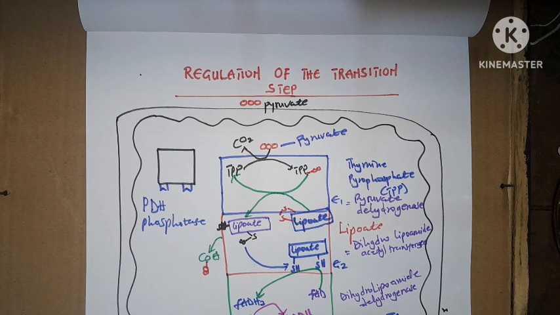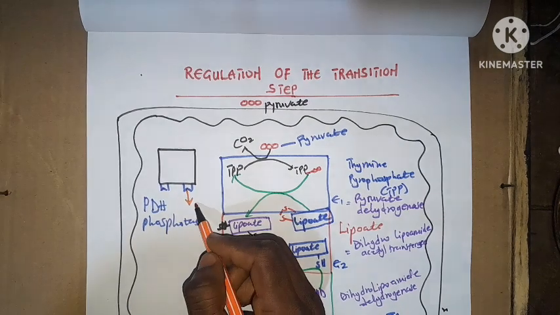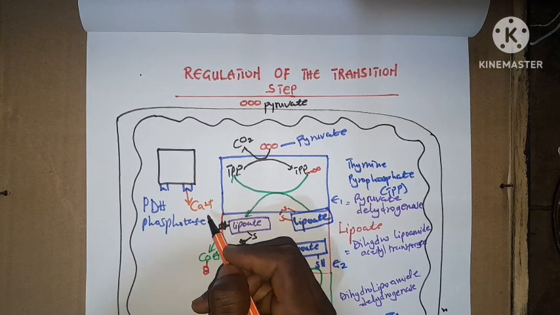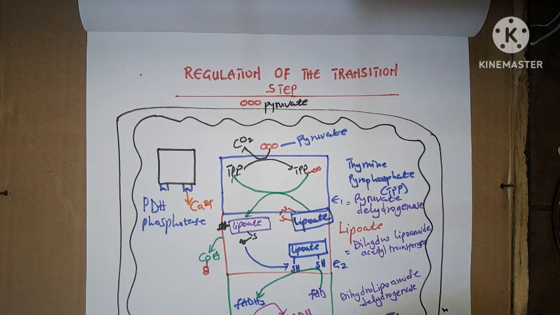The first one is calcium ions. The next one that can also stimulate this enzyme is insulin.